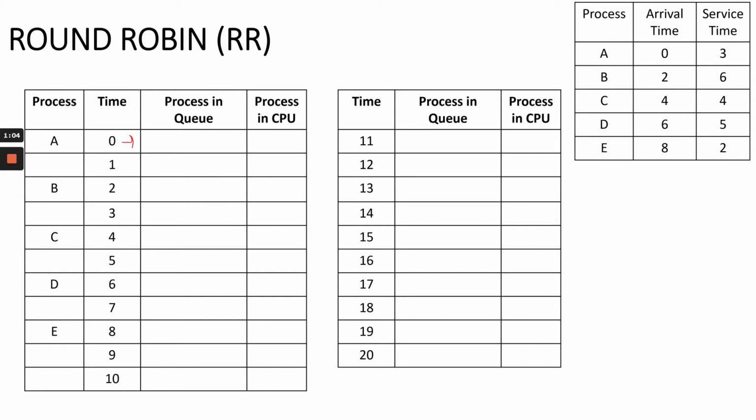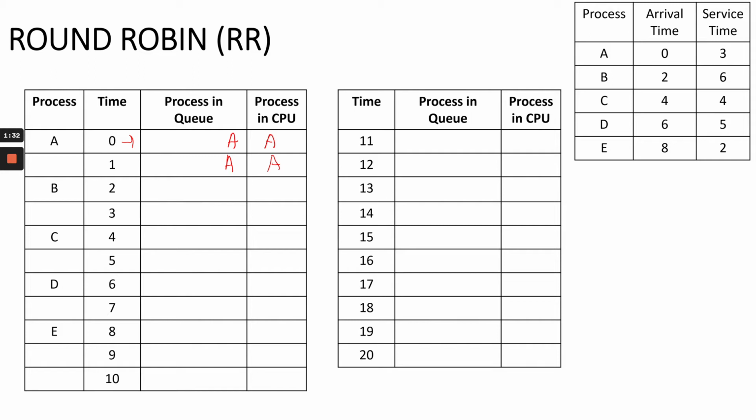In this example, process A arrives at time 0, so process A will be admitted into the queue. Because no other process is available at that time, process A is selected to be processed in the CPU. At time 1, again no other process is around, so process A is the only process in the queue, so it is not preempted and continues executing in the CPU.